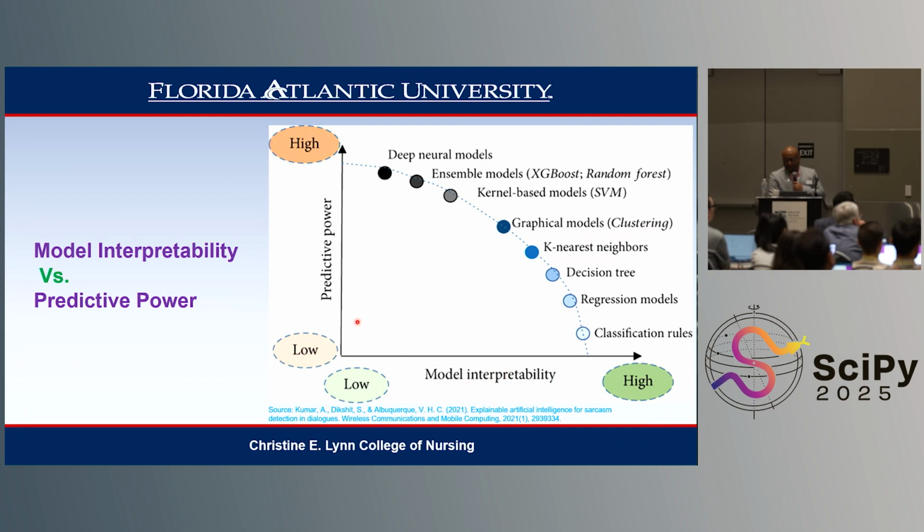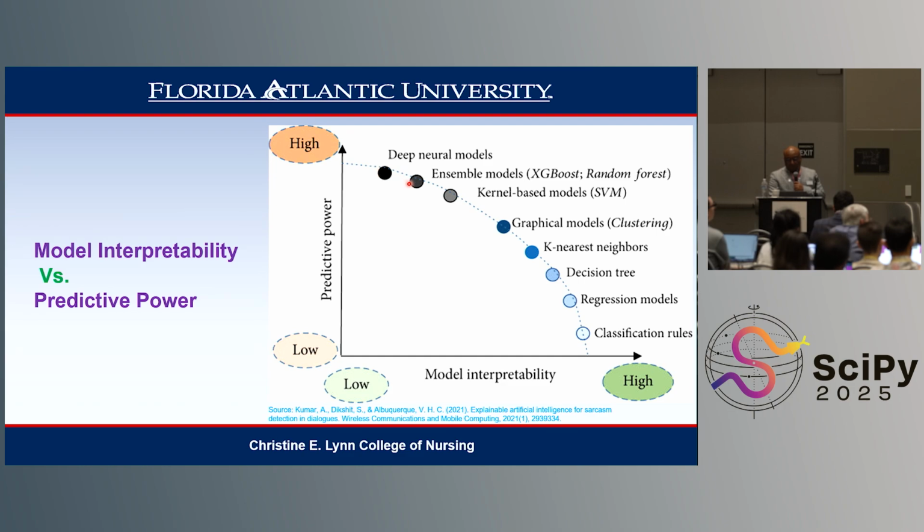You see here, the plot shows the trade-off between model interpretability and predictive power. Model interpretability is on the x-axis and predictive power on the y-axis. The simple models, such as simple regression and classification, can be easily understood in how they make their decisions, but their predictive power is very low. In the opposite way, we lose interpretability in a complex model like neural networks.